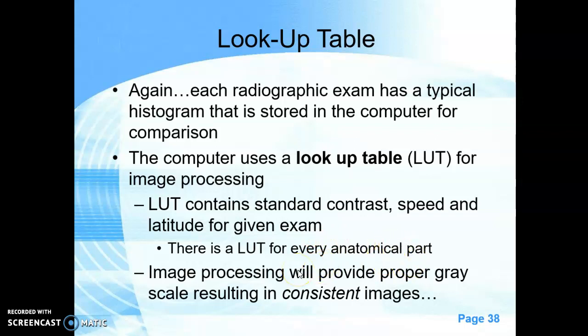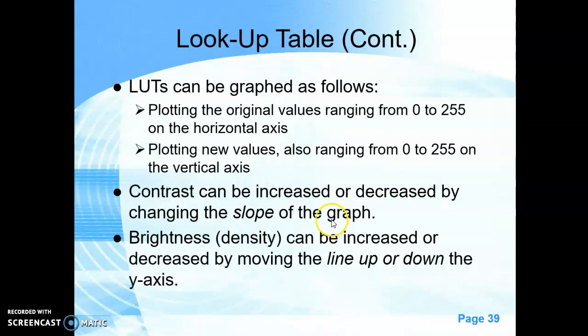Image processing will give us proper grayscale, resulting in consistent looking images. The histogram that's being created based on the lookup table for the exam is going to give us consistent images from technologist to technologist, from room to room. So the radiologist is always looking at consistent looking images.